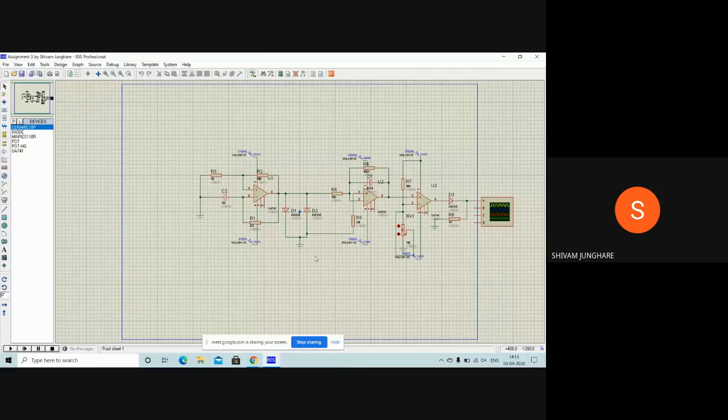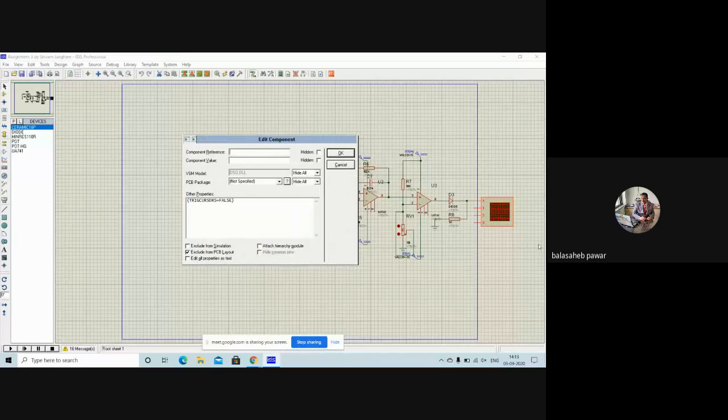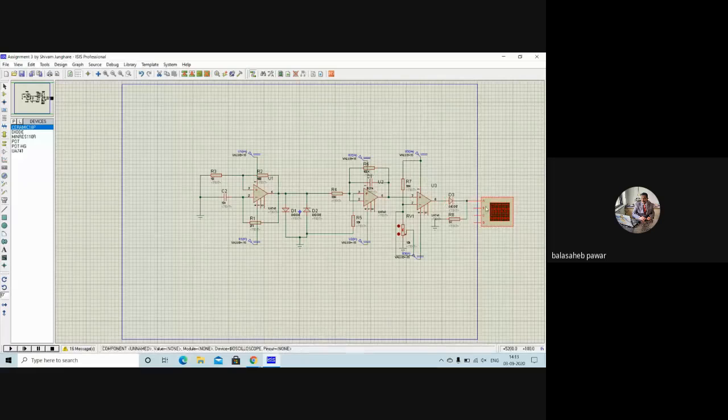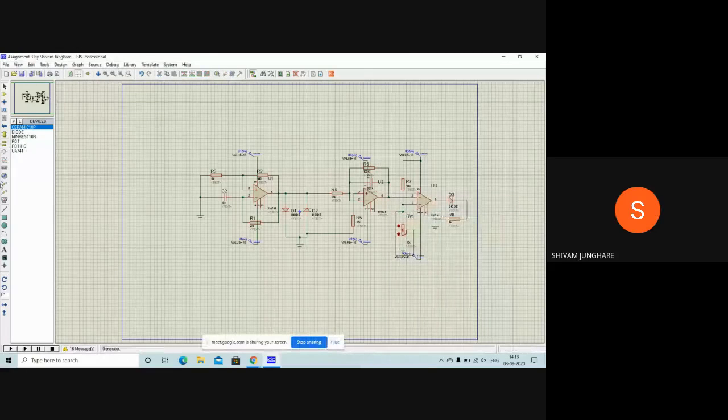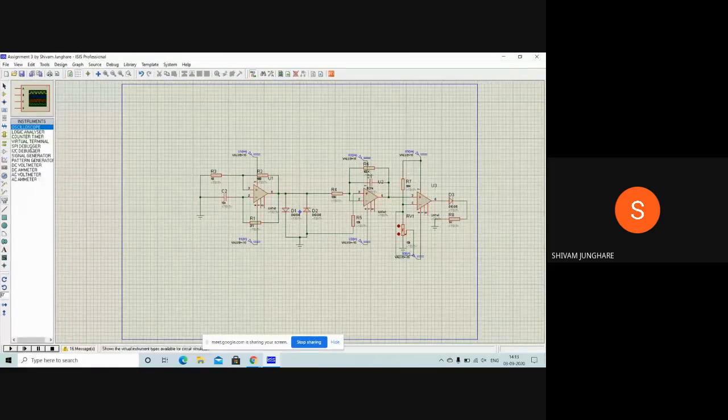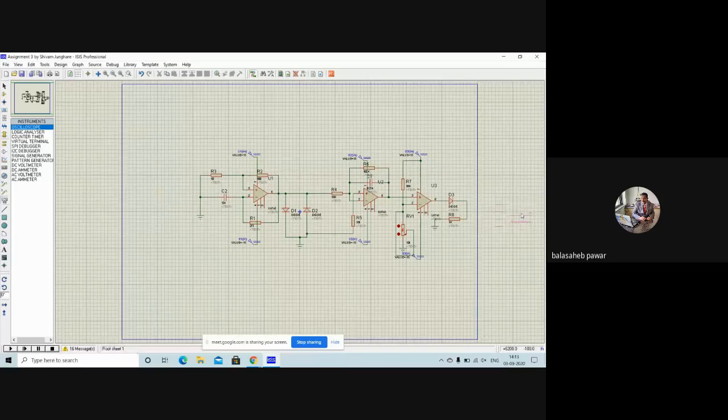Is it visible? Yes. Okay, you have connected that series diode. Just scroll down to the last stage.